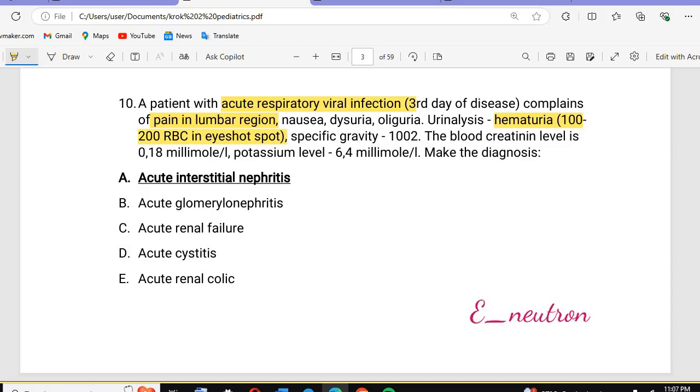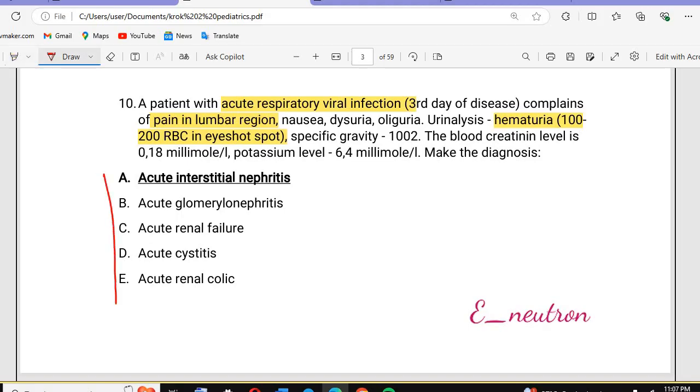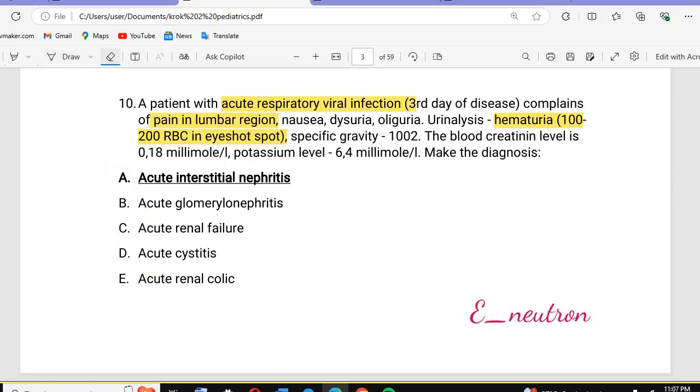If you don't know anything, what will you mark? Let's suppose there are 5 options and you have seen the question. Will you mark acute renal colic? Why will you mark B? The answer is in front of you, acute interstitial nephritis.